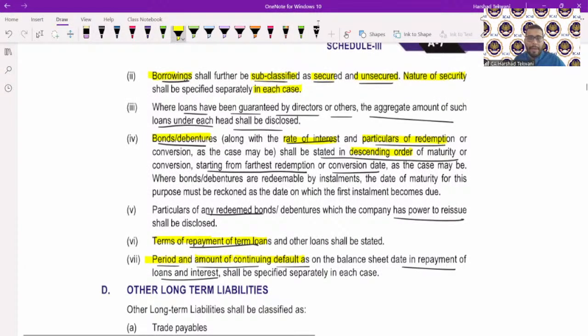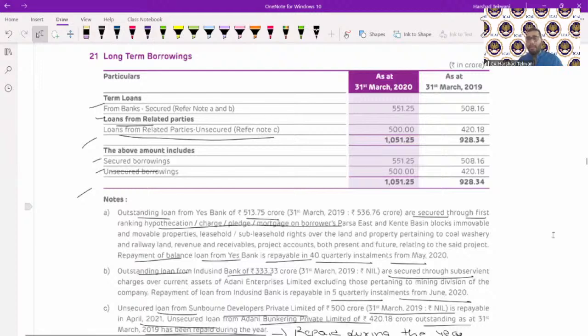Let us see one example again. This is India's balance sheet, not AA's balance sheet, so things may look different.